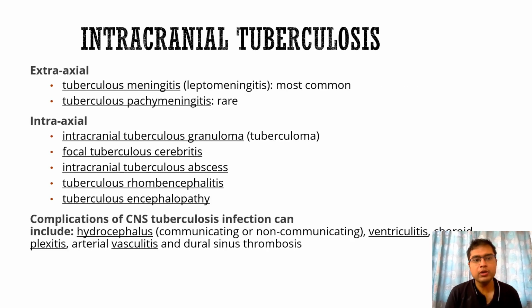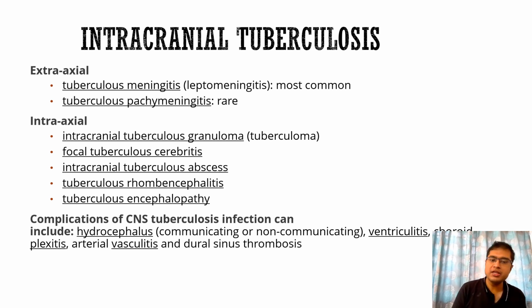Now, intracranial tuberculosis has many manifestations. They can be extraaxial and they can be intraaxial. Extraaxial manifestations include tubercular meningitis, which is most common, and tubercular pachymeningitis, which is relatively rare. The intraaxial manifestations include tuberculoma, focal tubercular cerebritis, intracranial tubercular abscess, tubercular rhombencephalitis, and tubercular encephalopathy.